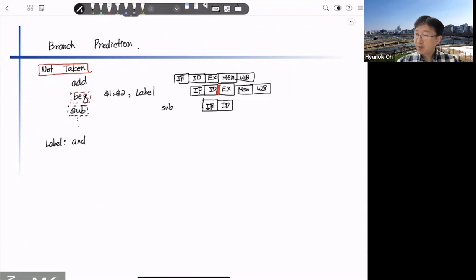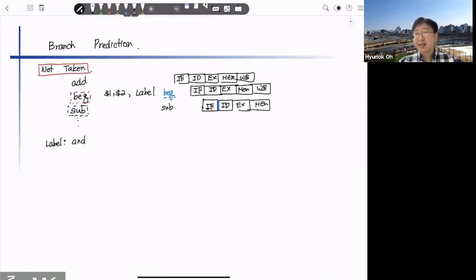But before it is starting this stage, we know whether this is correct or not, because at this moment, the branch equal result, we know that, right? Whether this is equal or not. So if the prediction is correct, then we are just executing the subtraction. Okay, just keep going because it's correct.